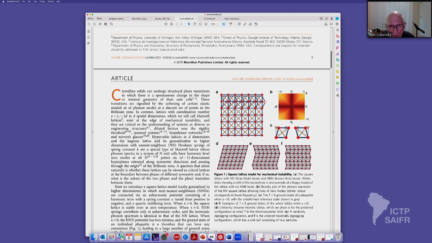So if you look at the square lattice itself, without any next nearest neighbor bonds, just nearest neighbor, you have all of these straight lines that can buckle. You can take any one of the lines and pull it this way, and to linear order in a displacement, you haven't disturbed anything other than the one line.